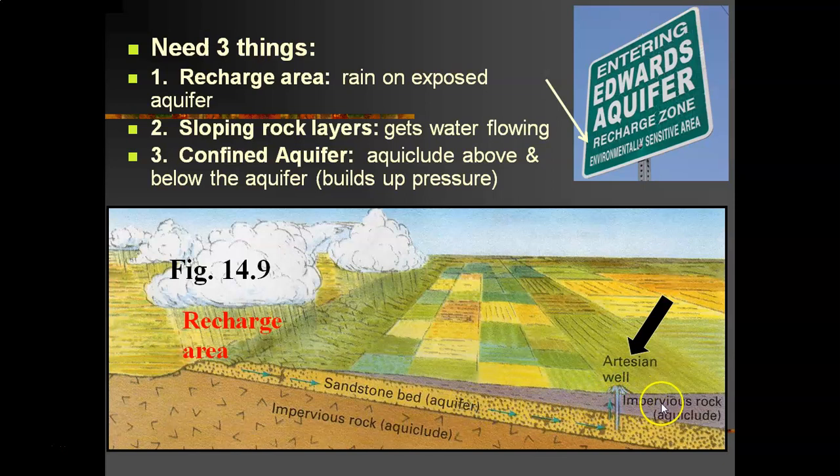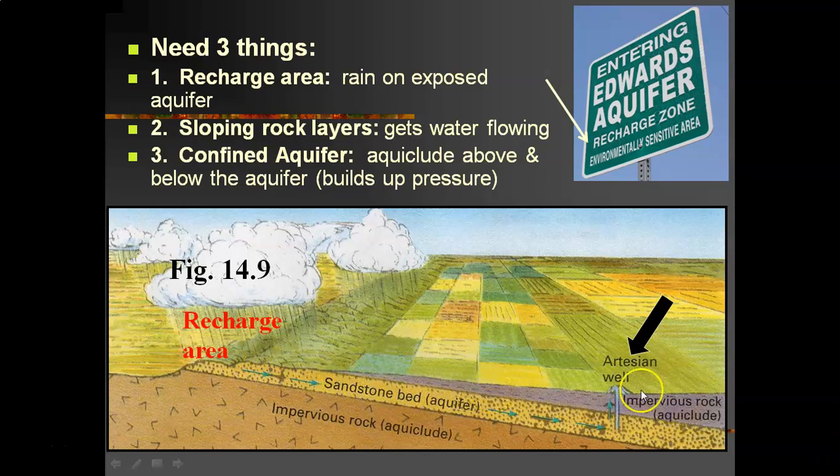So here we've got some impervious rock, like shale or clay with no pore spaces. And then this is the symbol for granite, some sort of igneous rock without pore spaces. That would be an aquiclude. And so what you wind up with is a confined aquifer, and that really helps to build up pressure.